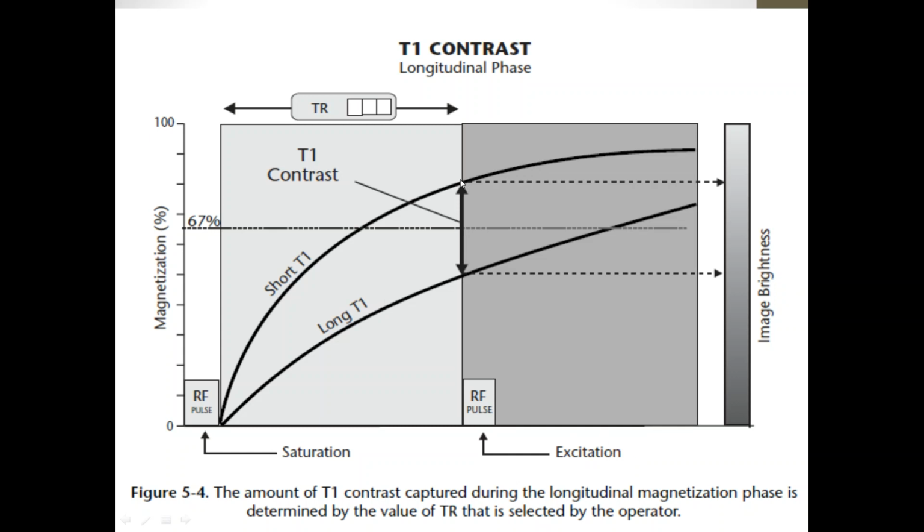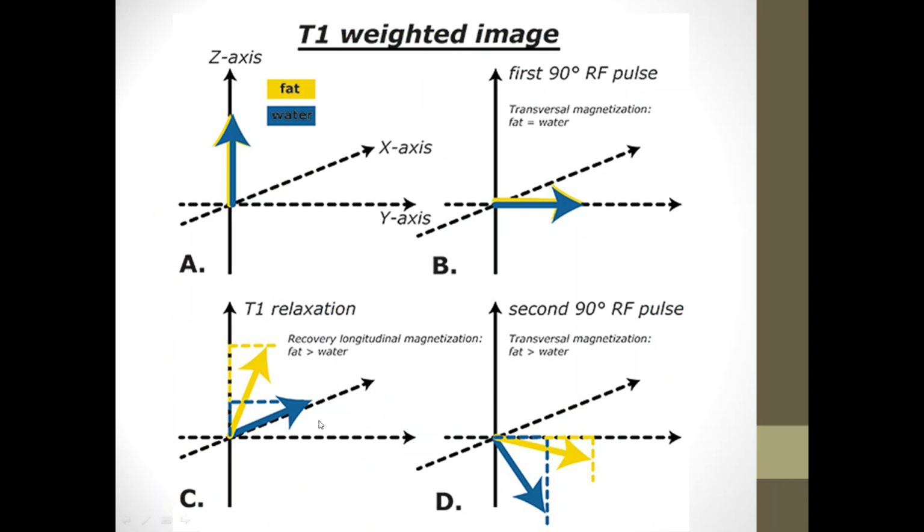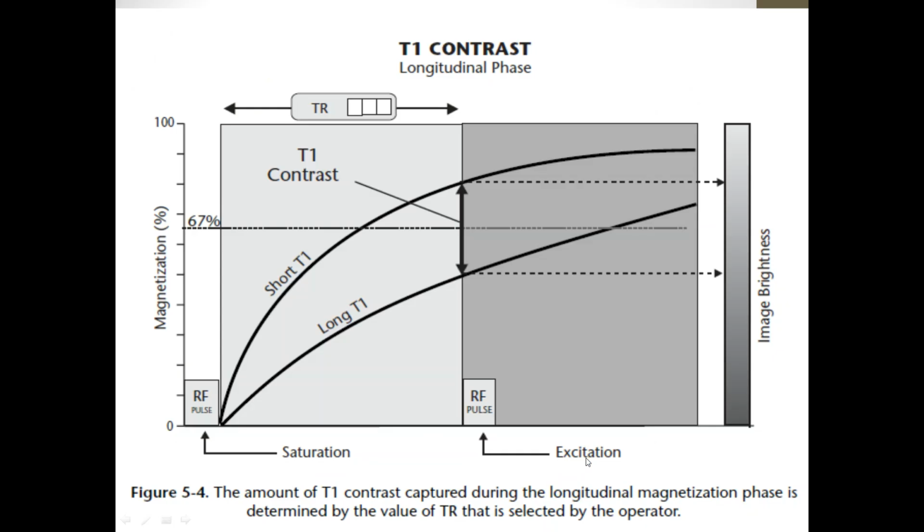And now we will get the image. Okay, we will get the image with this difference in magnetization, because of the 90-degree pulse, this is the saturation pulse at first, and the second 90-degree pulse is responsible for excitation, to get the difference between fat and water.